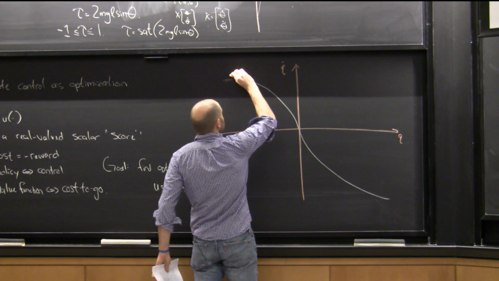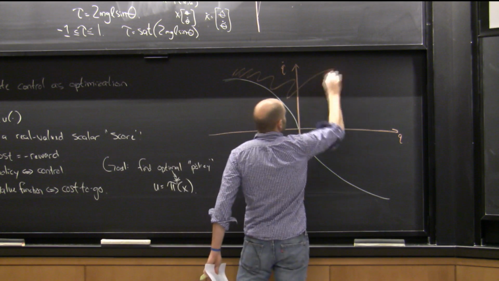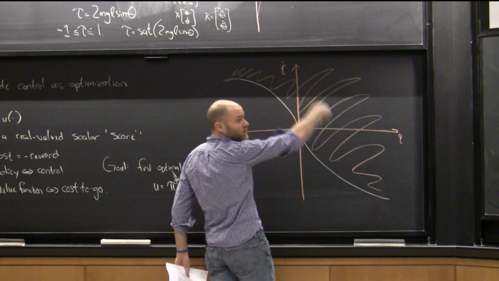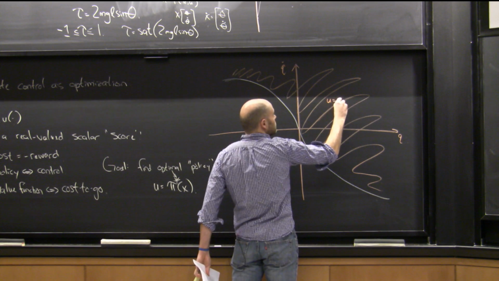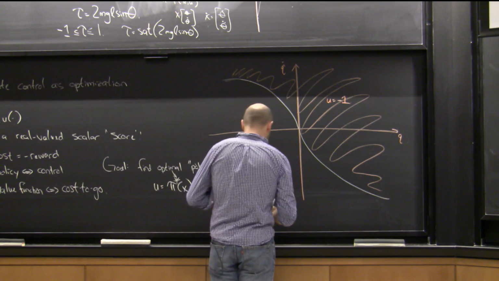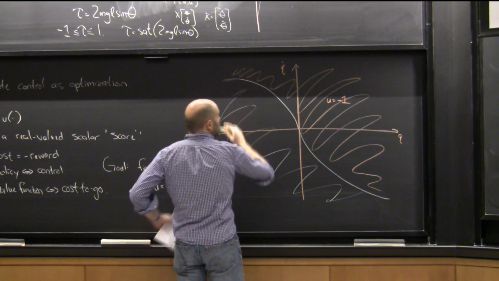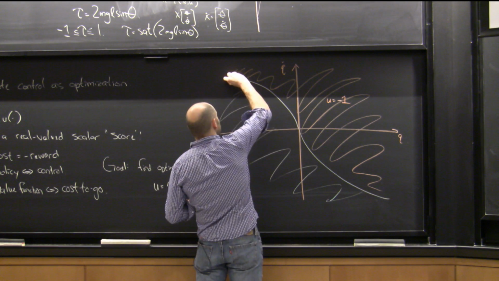In fact, it's pretty simple. That whole thing boils down to that anywhere over here, I want to do which one? U equals -1? And anywhere over here, I should make sure this is the right color here.